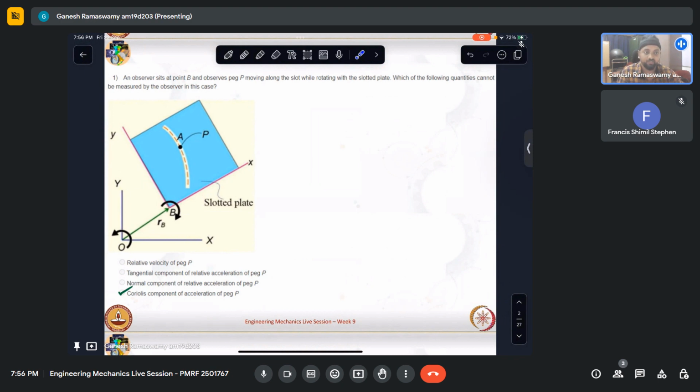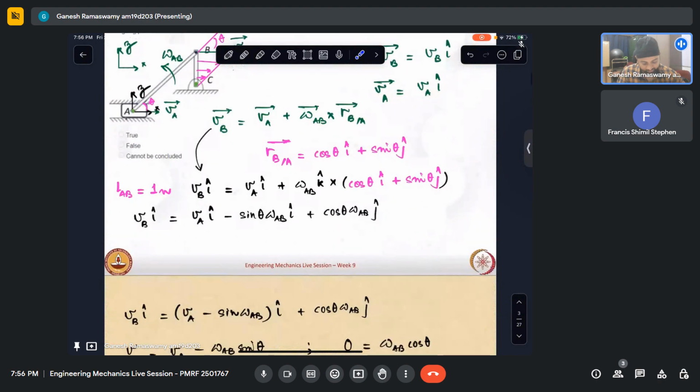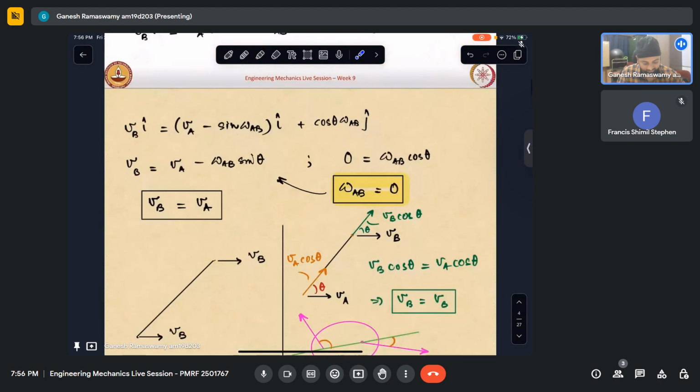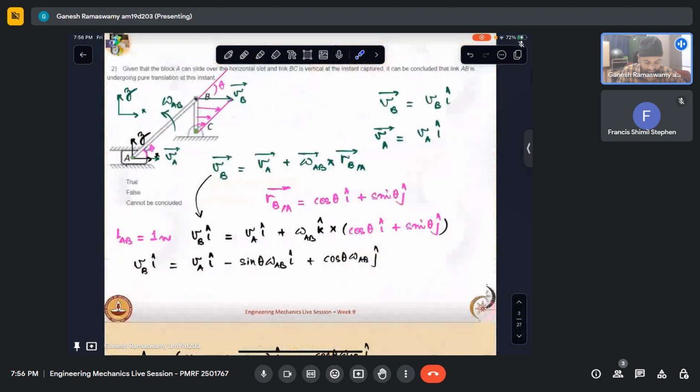If there is no relative velocity while you are rotating with the object, there is no role of Coriolis coming into the picture. And then we saw one relative motion question where we found 2-3 ways to go about solving for your velocity at the instant.